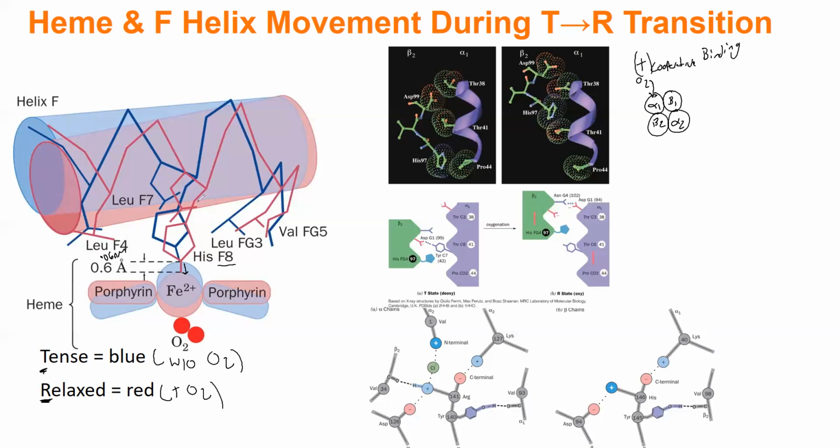But remember, it's connected to all of the other amino acids in the F helix because of the peptide bond. So all of the other amino acids get dragged as well. They move as well. They all shift or go through a conformational change. And this kind of sets off a chain reaction.